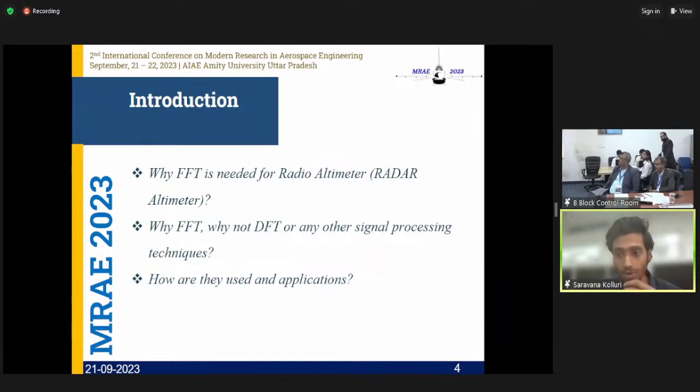Why only FFT? Why not DFT, or any other signal processing methods? We focus on DFT, where we have many things like linear filtering, convolution, correlation, and spectrum analysis. Why choose FFT when we have this many options in DFT?